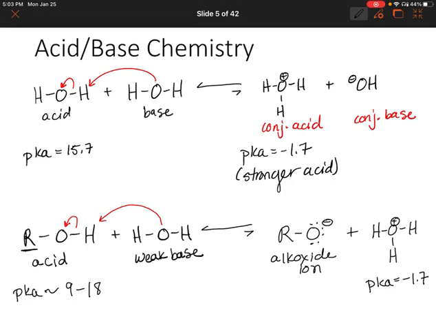So again, the hydronium ion is going to be very reactive. It's going to give up a hydrogen and form that alcohol and water. Now, why do we have such a wide range of pKa values? So what can impact acidity?